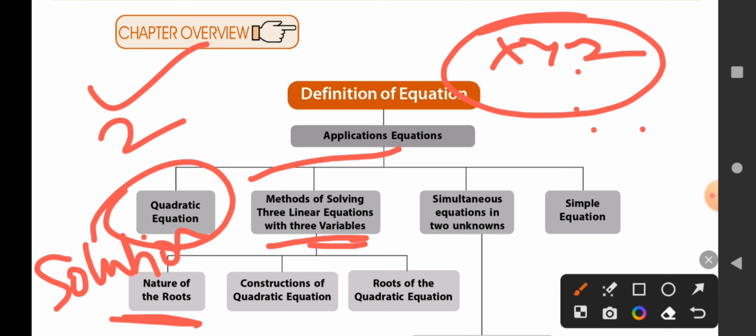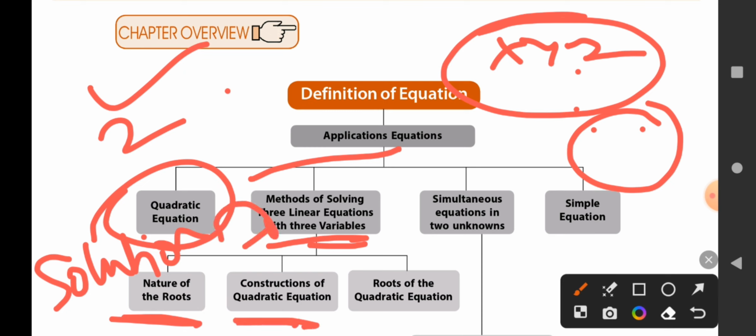For two variables, you need at least two equations, and for one variable, you can solve it with one equation itself. Quadratic equation: the nature of roots, construction of a quadratic equation, that is power 2. Roots of a quadratic equation, again the same thing, solution.